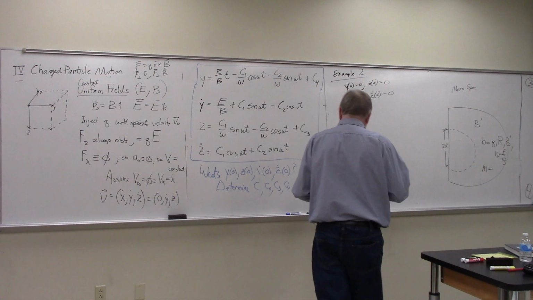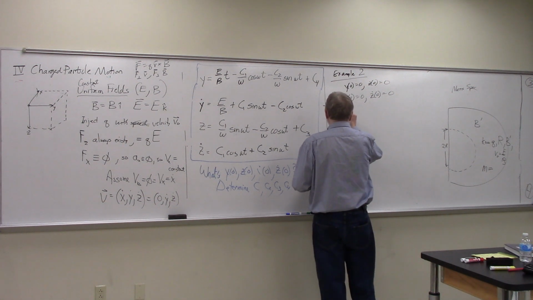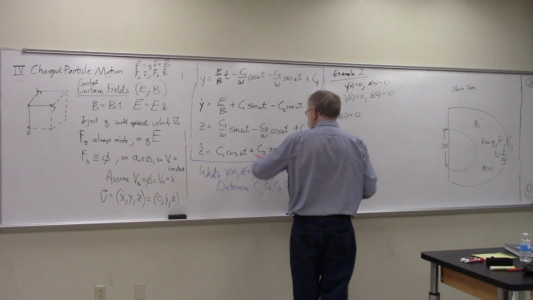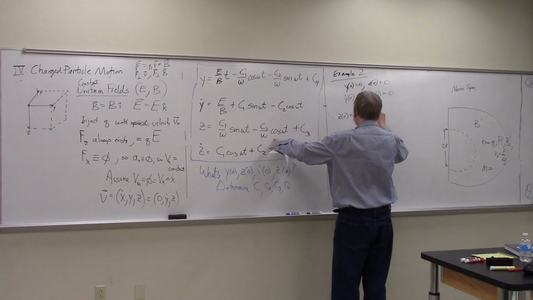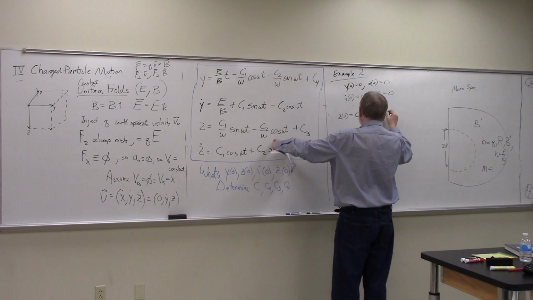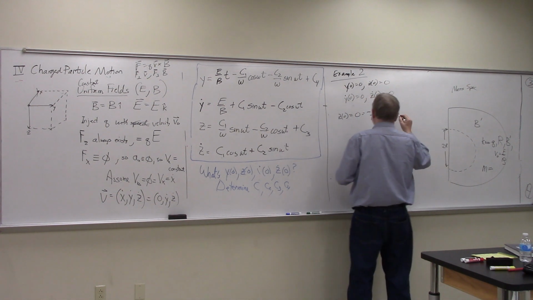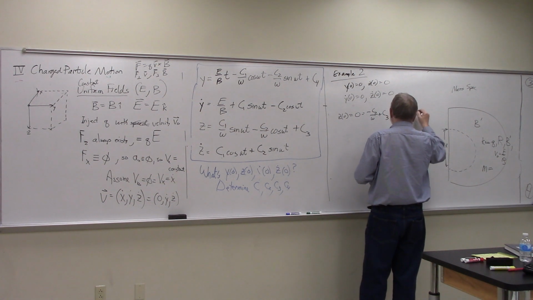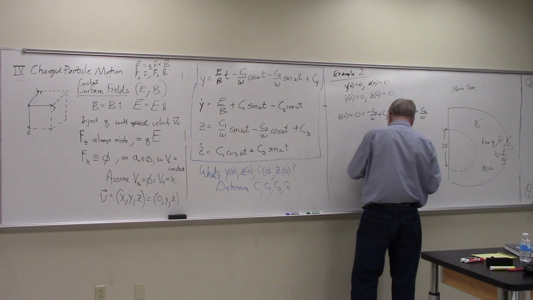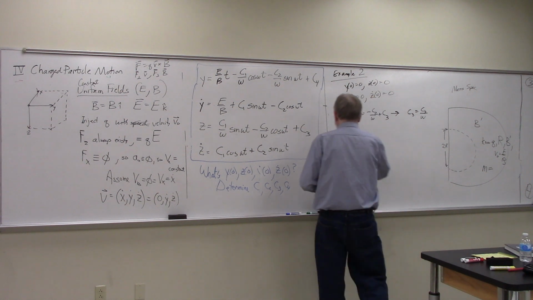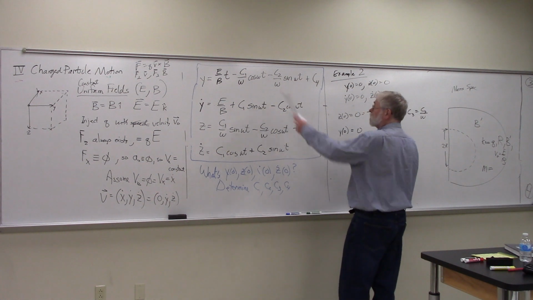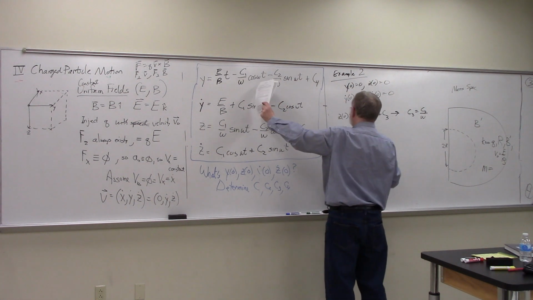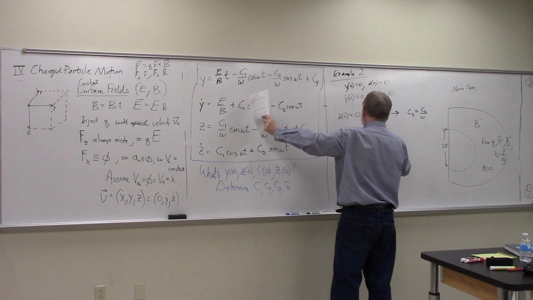All right, let's use our initial conditions. Let's start out with z of 0 equals 0. But z of 0 is minus c2 over omega plus c3, which tells me that c3 equals c2 over omega. Y of 0 equals 0. Plug in t equals 0, minus c1 over omega.